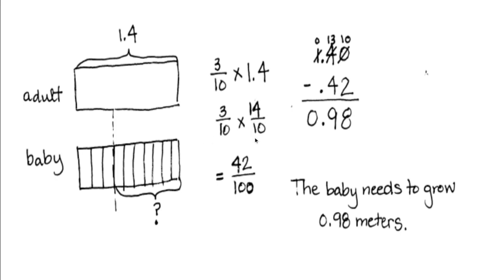So now we have two fractions that we can easily multiply. So we'll multiply across. 3 times 14 gives us 42. 10 times 10 gives us 100. So that means that the baby gorilla, the daughter gorilla, is 4,200 meters tall.